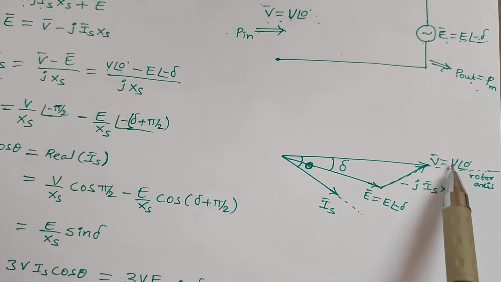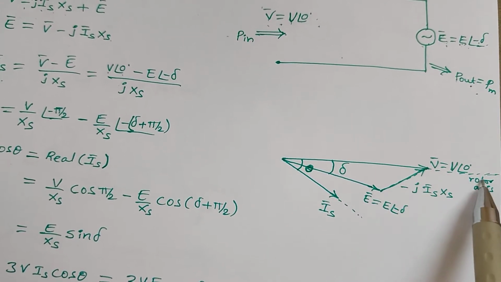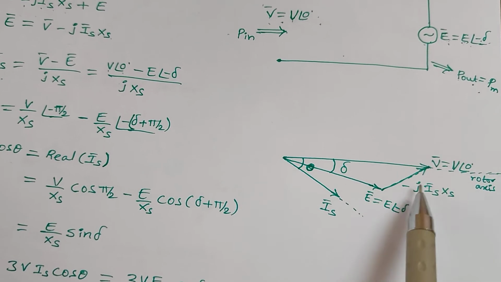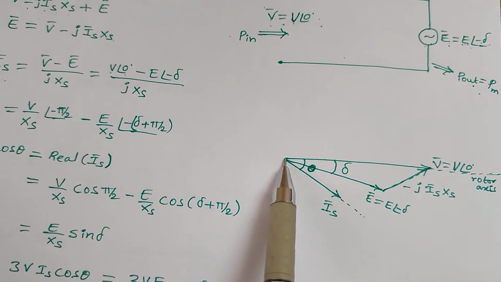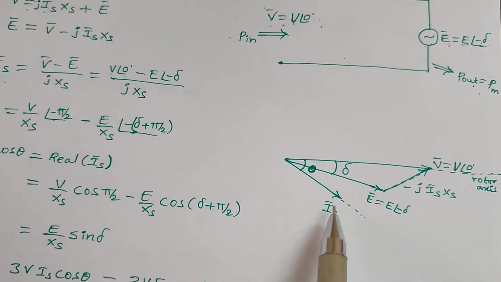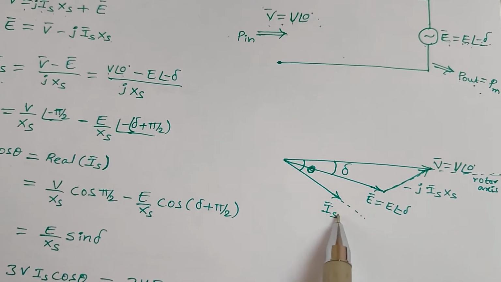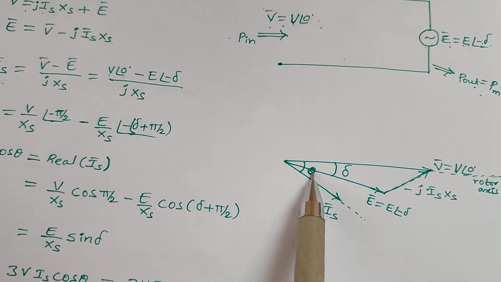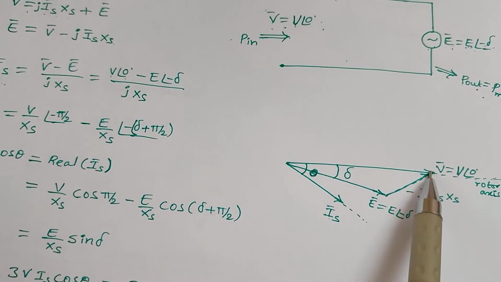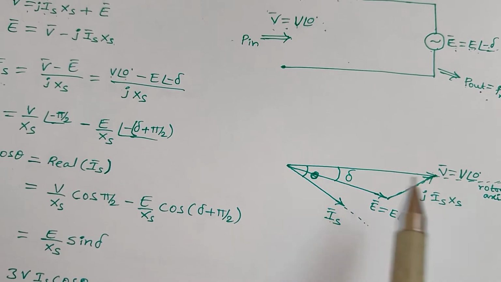This V bar is the reference line, the rotor axis. And now your current lags V by IS, so your current is this one. The angle between V and IS is nothing but theta.